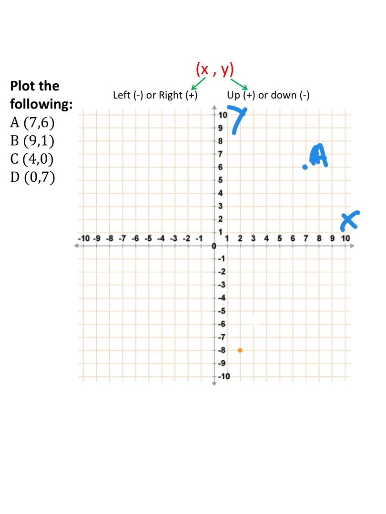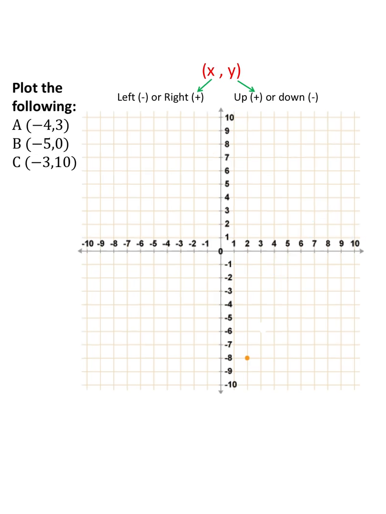So across to 9, up to 1, and that then is B. Next one, (4, 0). So across to 4, I'm not going up or down then because my y is 0, so it's C. Then for D, (0, 7), so my x is 0, so I'm not going left or right, but I'm going up to 7 then. So that is going to be D.